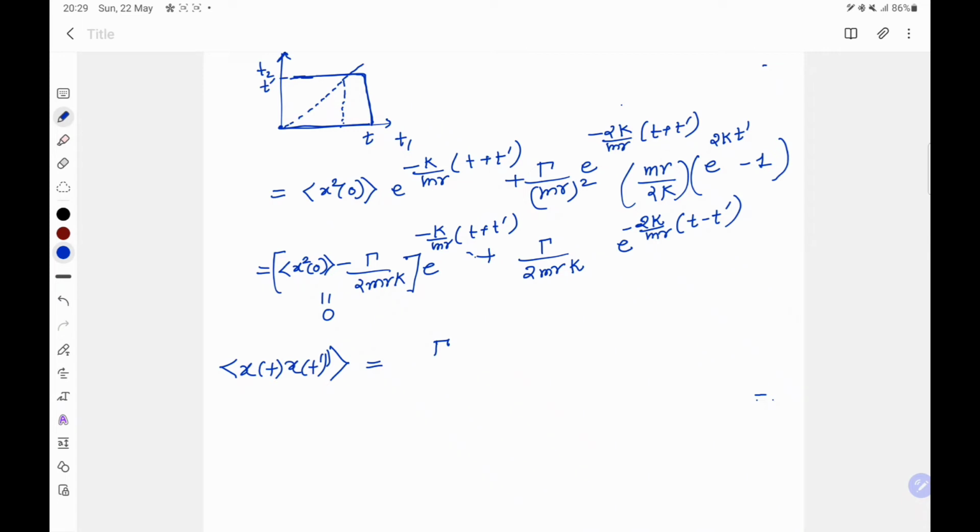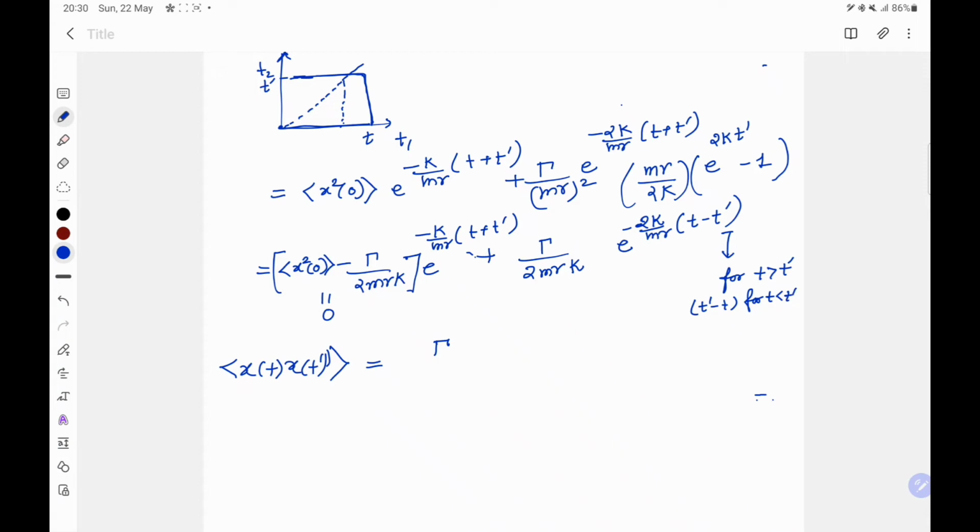Over, okay, yeah, one thing I forgot, that this thing is for t, and there will be a 2 also which I missed. Yeah, so we will have gamma for t greater than t prime, and we will have t prime minus t for t less than t prime.